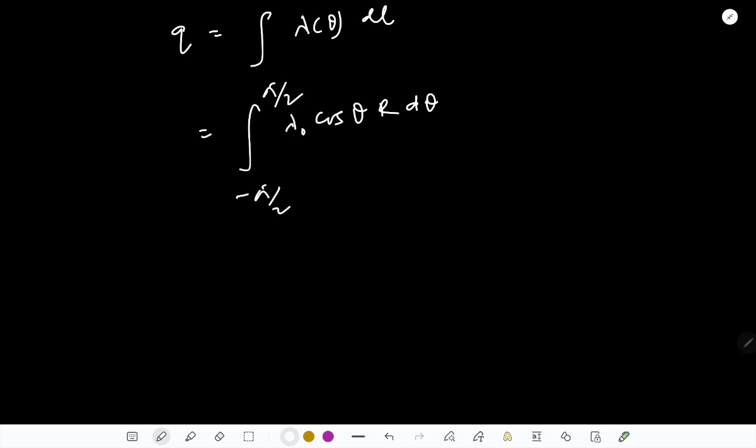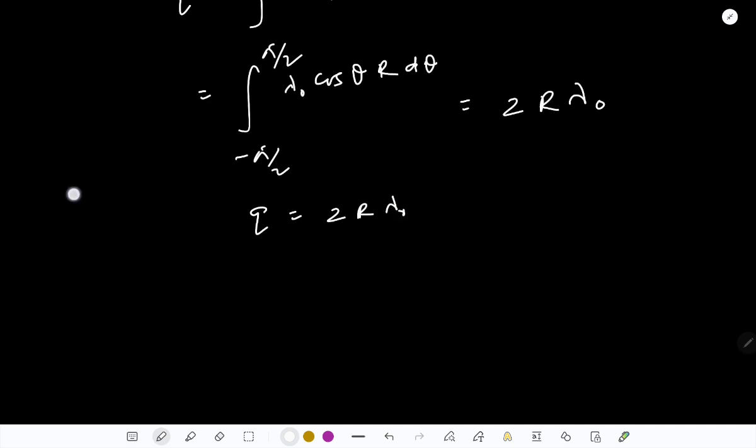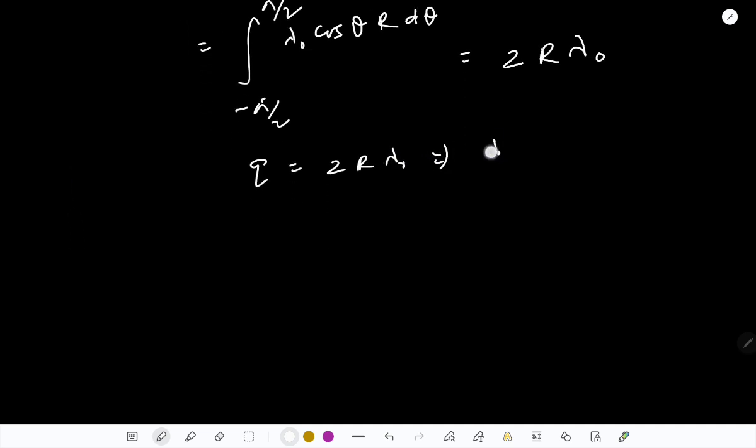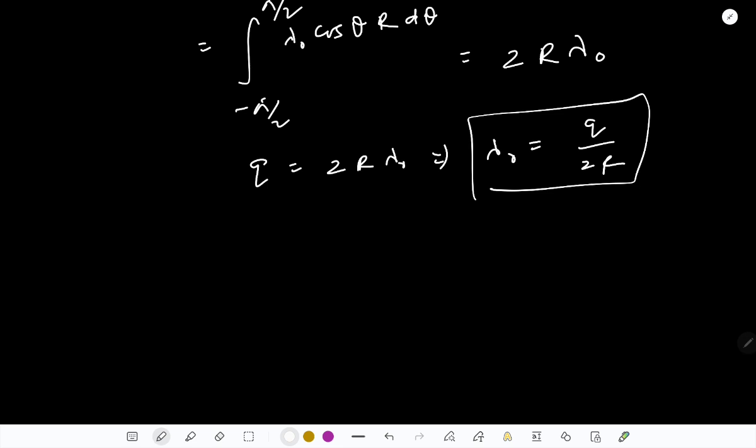Solving, this becomes 2r lambda naught. Since q is equal to 2r lambda naught, lambda naught is equal to q upon 2r. So we got our lambda naught.